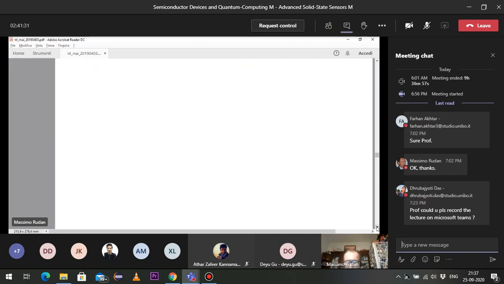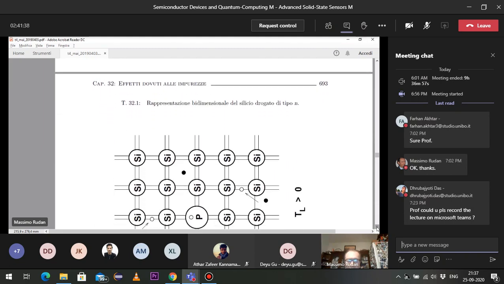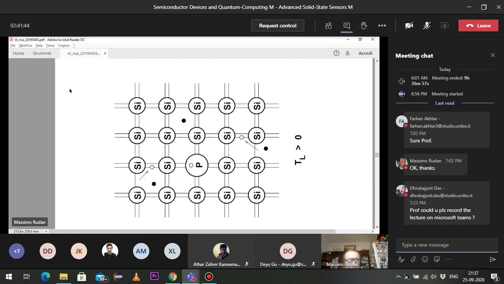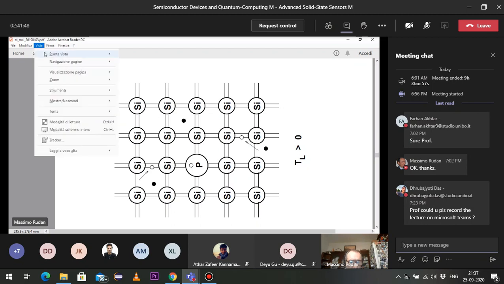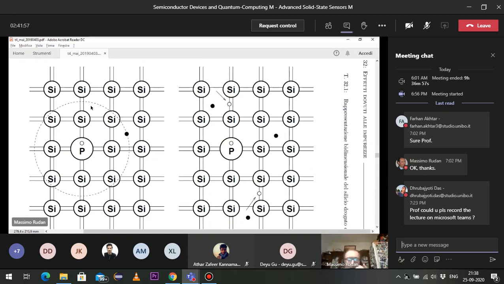So far, we have dealt with the intrinsic semiconductor, okay? You certainly know that in the majority of cases, the semiconductor is not intrinsic. The semiconductor actually, in standard devices, has in its volume a distribution of what we call impurity atoms, okay?